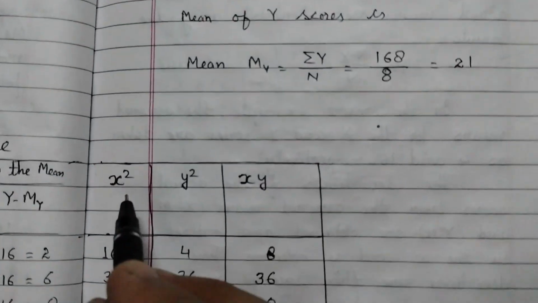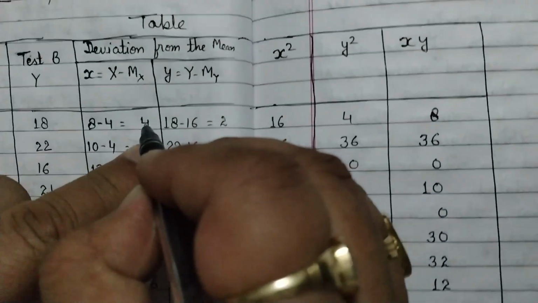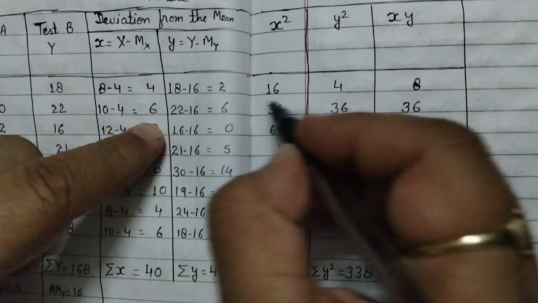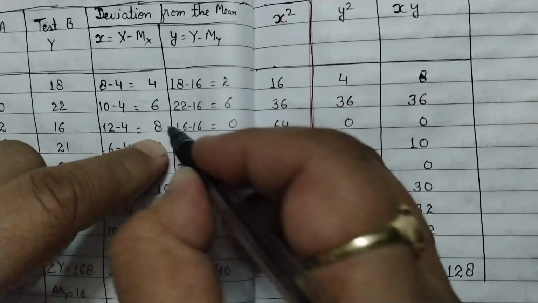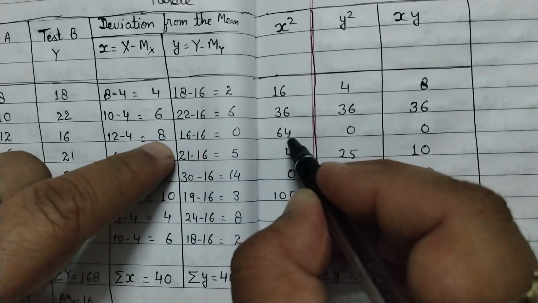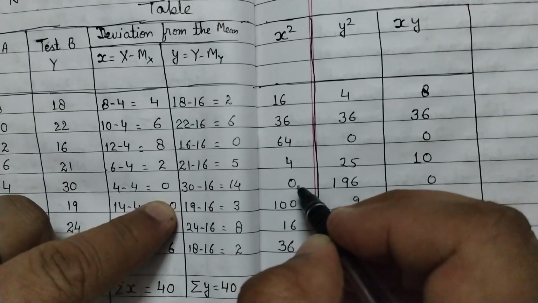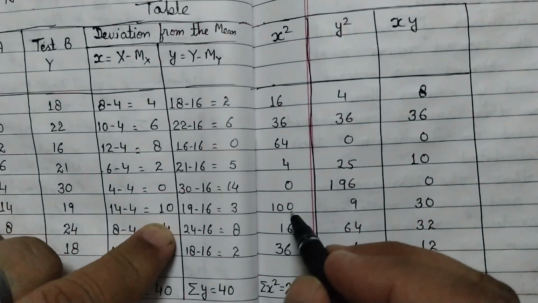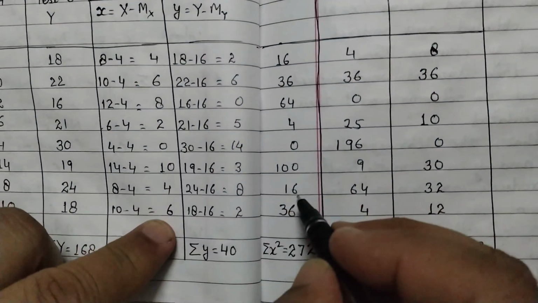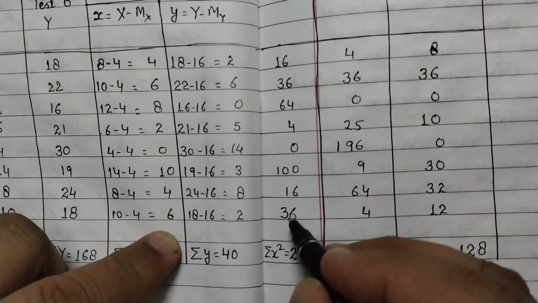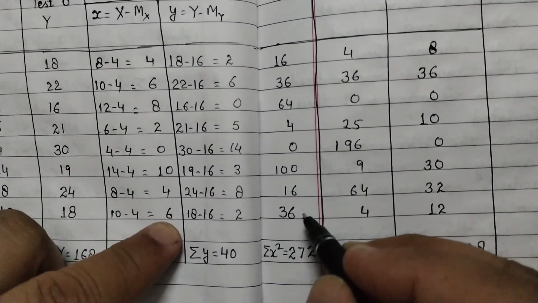Now next column, that is x square column. So square of 4 is 16, square of 6 is 36, square of 8 is 64, 8 into 8 is 64, square of 2 is 4, square of 0 is 0, square of 10 is 100, square of 4 is 16, and square of 6 is 36.